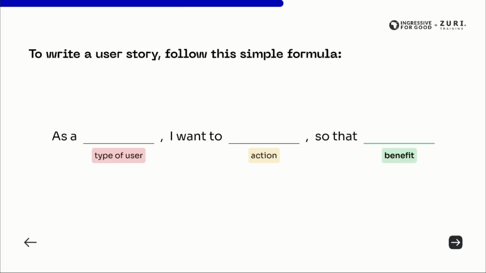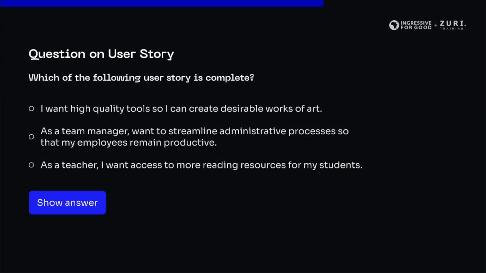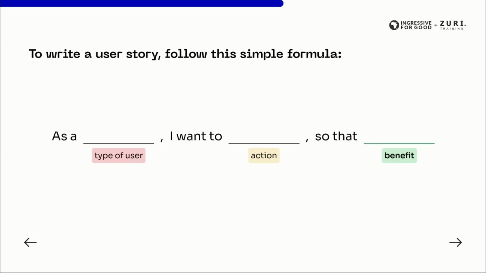Remember, this is the simple formula to write a user story. I will recap. As a type of user, I want a certain type of action, so that I can benefit from it.